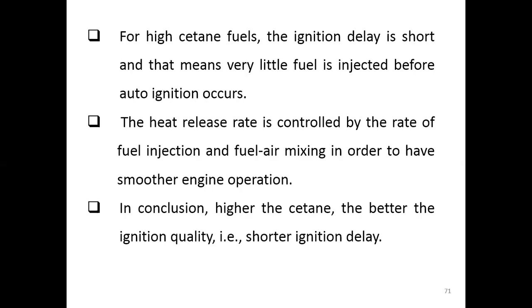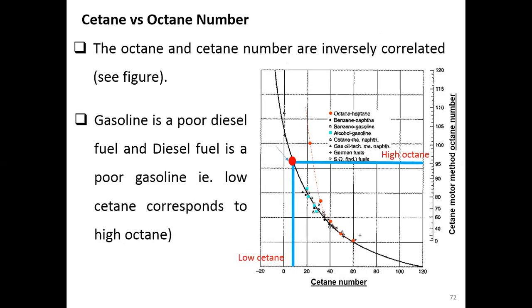So in conclusion, with higher cetane you have better ignition quality. That means a shorter ignition delay, so combustion can happen faster. Cetane and octane numbers are inversely correlated. What do we mean?